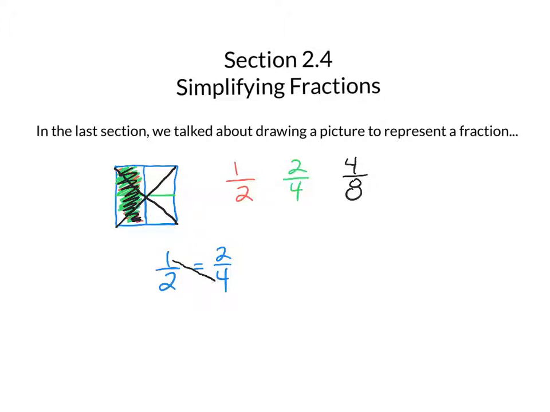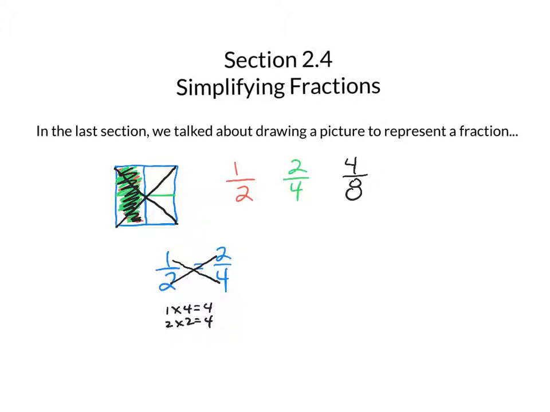If I were to multiply 1 times 4, I get 4. If I do the same thing, cross multiply the 2 and the 2, I also get 4. If you can cross multiply and get equivalent products, the same answer, then the two fractions are equal to each other.